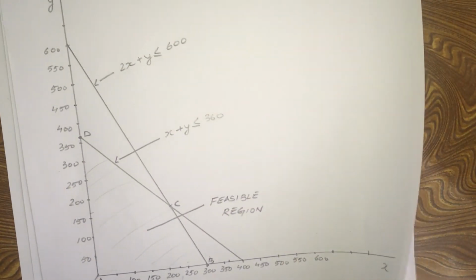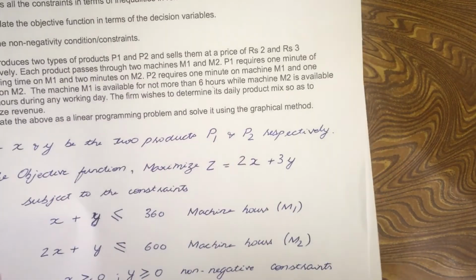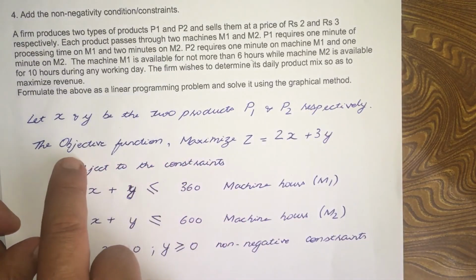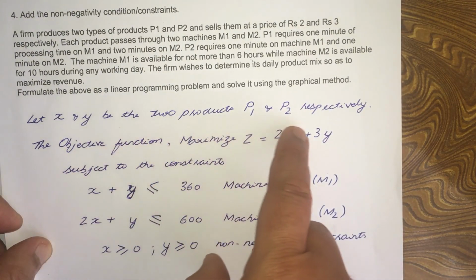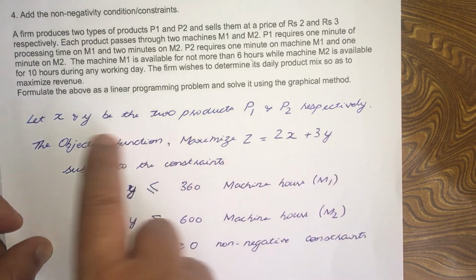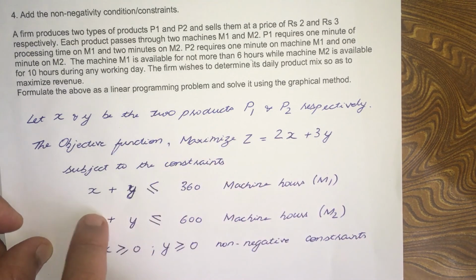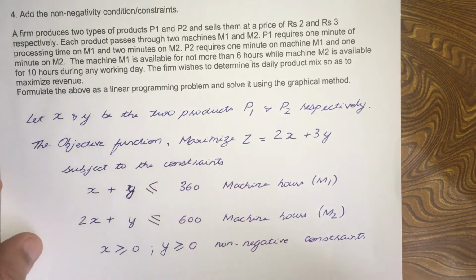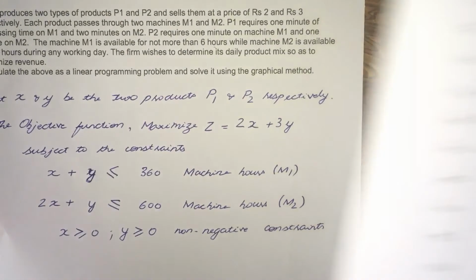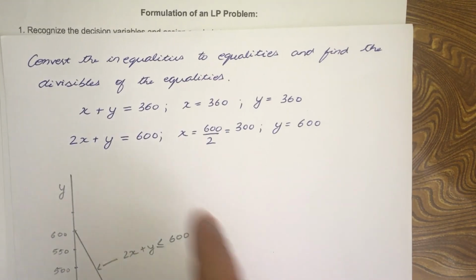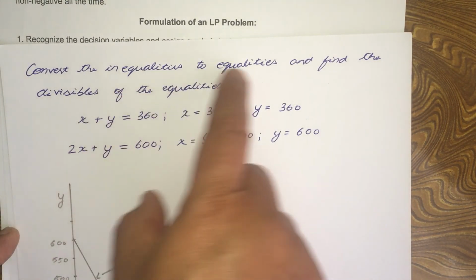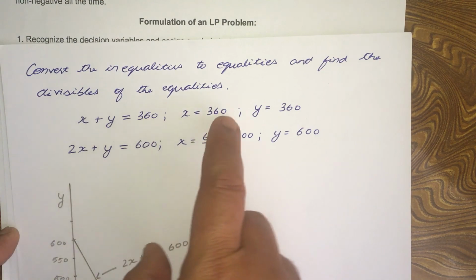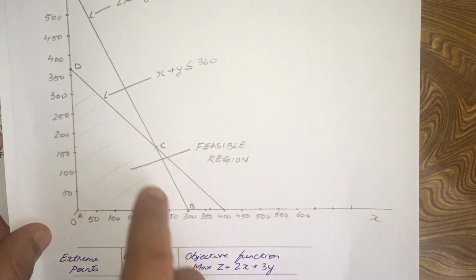Let's take a look again. The formulation: let X and Y be the two products P1 and P2 respectively, with the objective function subject to the constraints. So this is the LP model, and this is how we solve it. We first convert the inequalities to equalities, find the coordinates, and plot them on a graph.